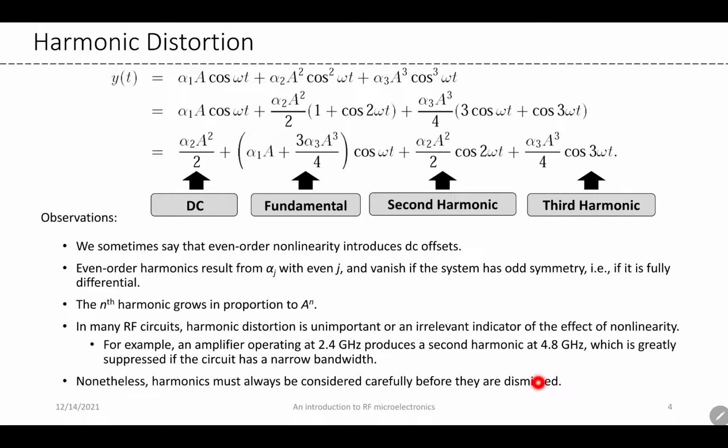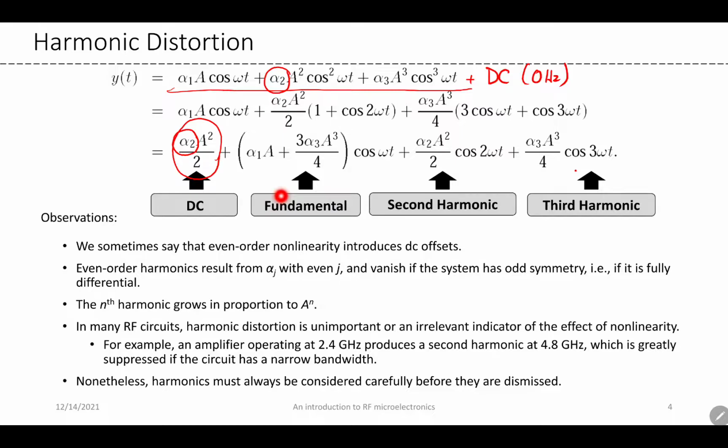Now what we see is that the input did not have any DC, right? There was no zero frequency component, but the output has a DC component, and it comes from this alpha 2 term. And if we expand this expression to higher order terms, as I mentioned, it's restricted to the third order.